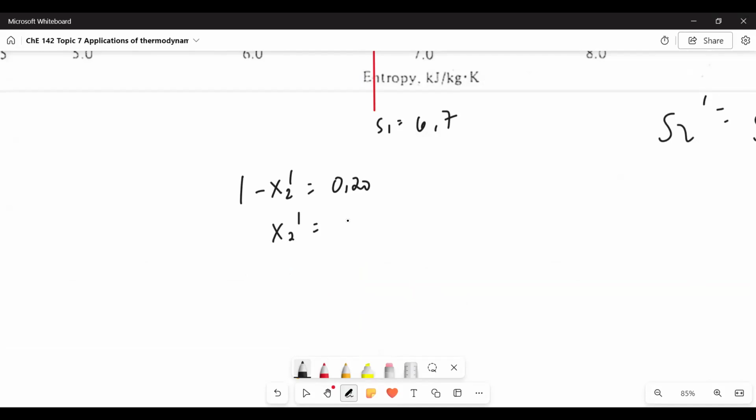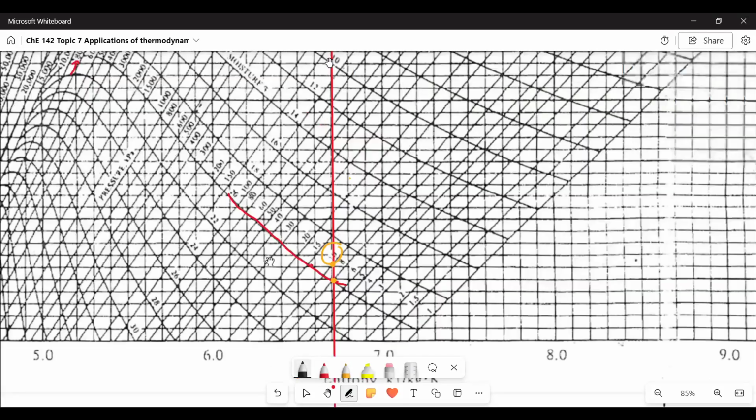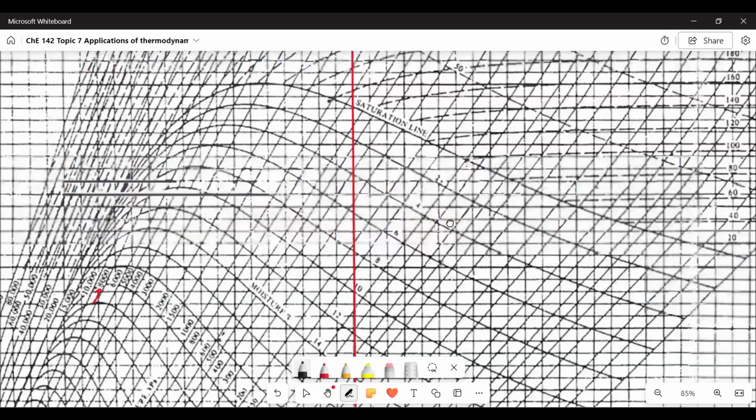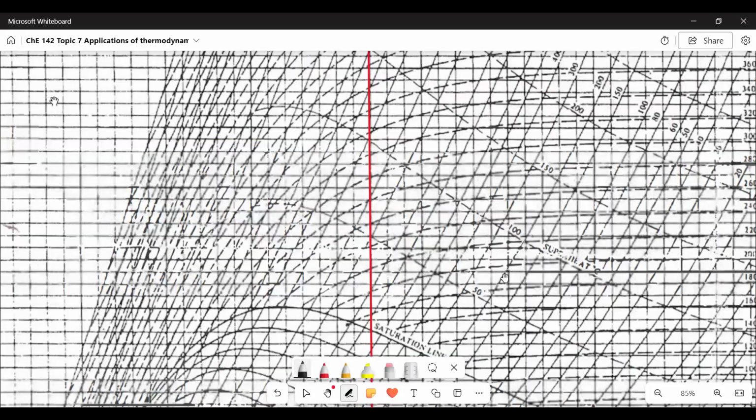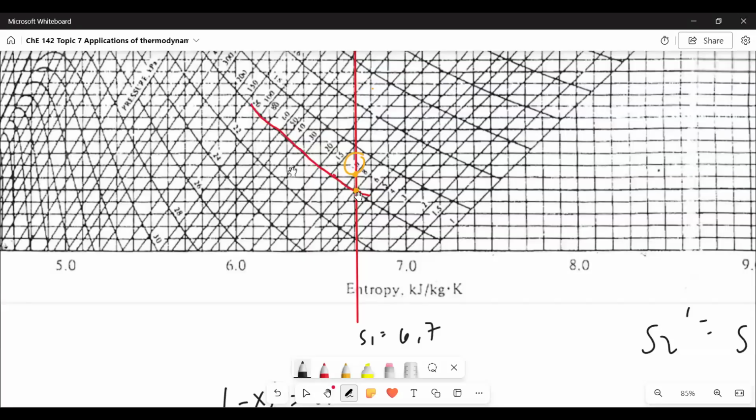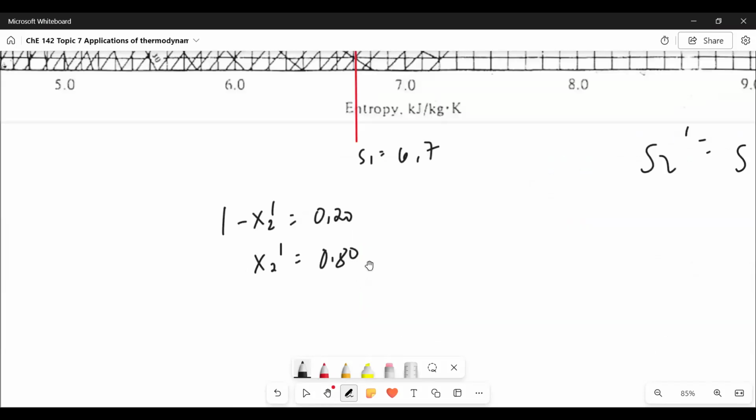Entropy is the same. From state 1, you just have one entropy, so it's a vertical line to this point where the pressure is 10 kilopascal, and that would give you the moisture 20% and x2 prime 0.8. What's the value from letter A? X2 prime is 0.8047. Wow, it's very accurate.